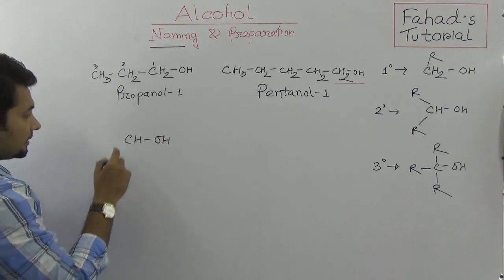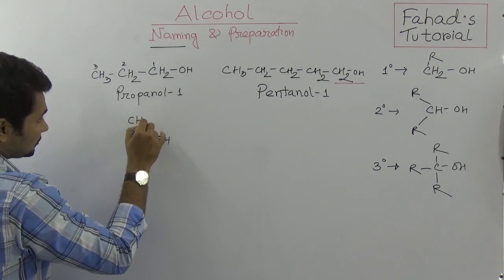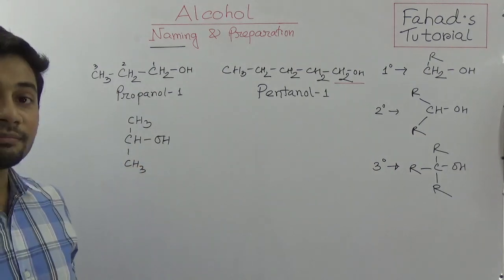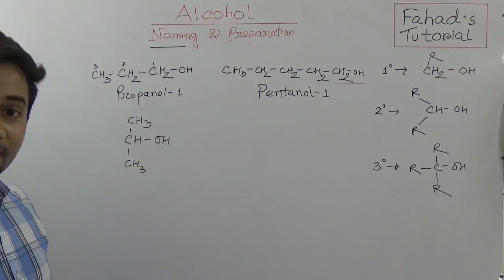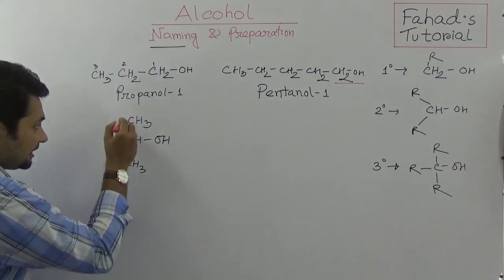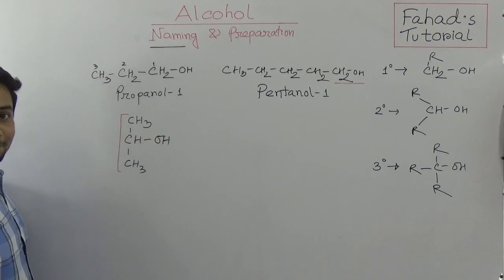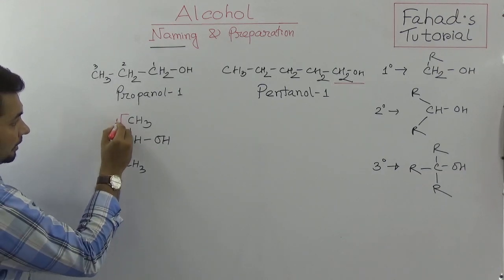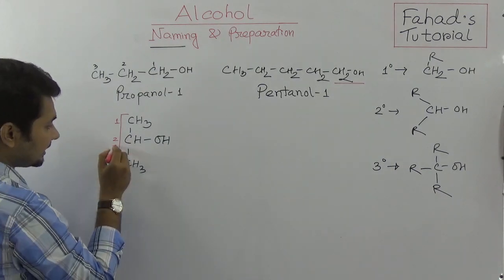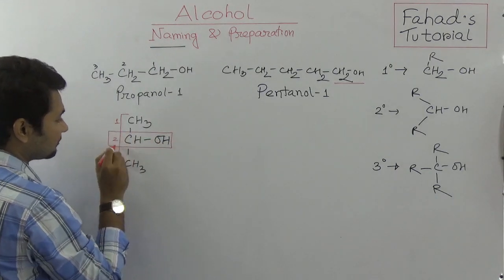Okay, in another case, CHOH, there would be CH3 and there would be CH3. Now you think, what is the name of this compound? The interesting thing is that now the chain is vertical. So you number it 1, 2 and 3, and you see that in the second carbon there is a hydroxyl group.